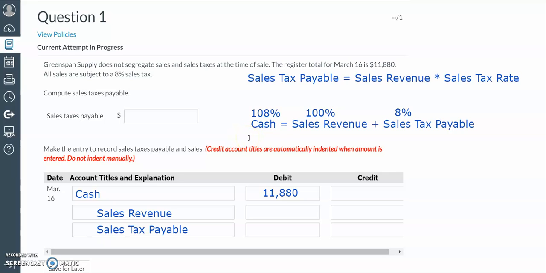So that means that our cash received of $11,880 equals 108% of X dollars, because we don't really know what our sales revenue is in this case. So we can solve for X, which is our sales revenue, by taking 11,880 divided by 1.08.